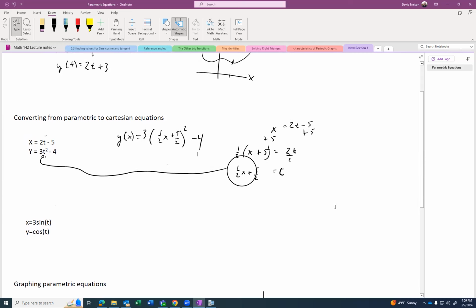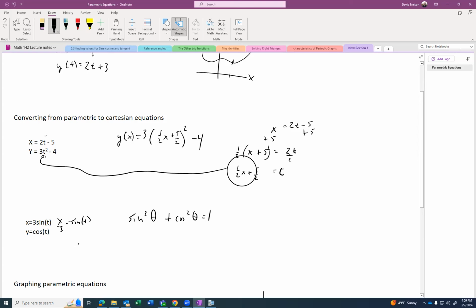The one thing we do when you've got sines and cosines, a lot of times it's much better to work with the trig identity, the basic sine squared theta plus cosine squared theta equals 1. Take that trig identity and use that. So what I'm going to do is solve for sine, which is going to equal x over 3.